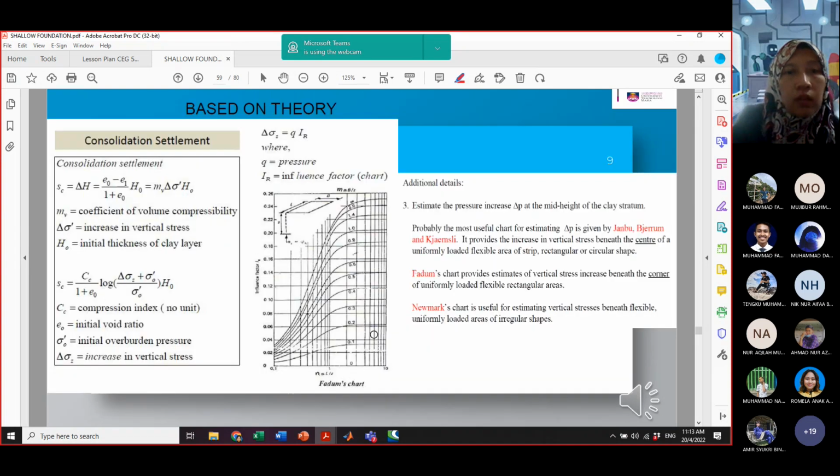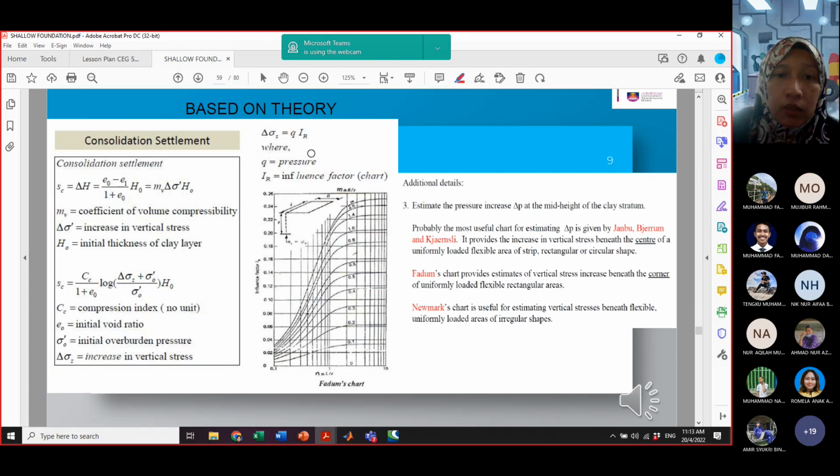Okay, yang ni kalau you menggunakan consolidation settlement, kemudian you nak calculate total settlement, this is what I said, dia ada kaitan balik daripada chapter soil mechanics. So kita letak footing kita dekat center ataupun dekat edge of the corner. So you want to have what is the immediate settlement ataupun consolidation settlement. So you kena dapatlah dia punya influence factor.